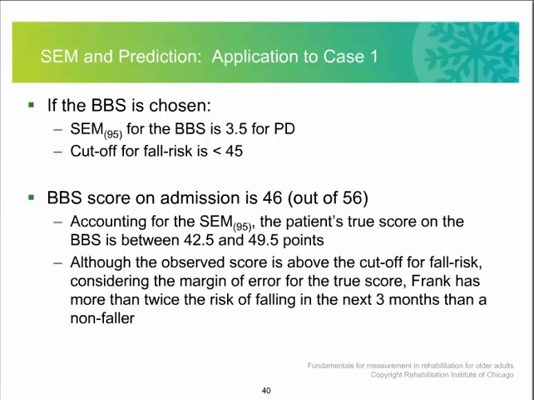If Frank scored a 46 out of 56 on his initial Berg Balance Scale, the true score of the Berg Balance Scale is between 42.5 and 49.5 points. Although the observed score is above the cutoff for fall risk, considering the range of the true score, the patient is more than twice the risk of falling than a non-faller.